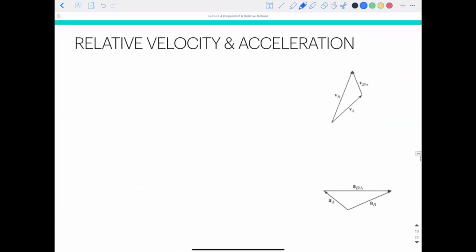So that's position. If we want to find velocity and acceleration, it is very much the same as it has been before. We're going to find the relative velocities by taking the time derivative of the relative position equation.